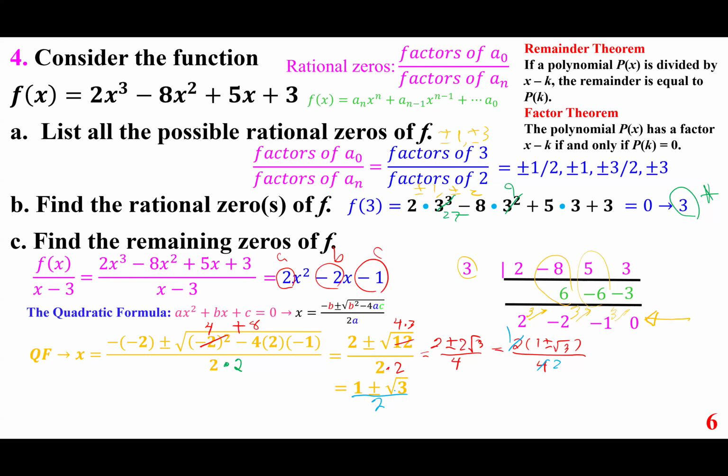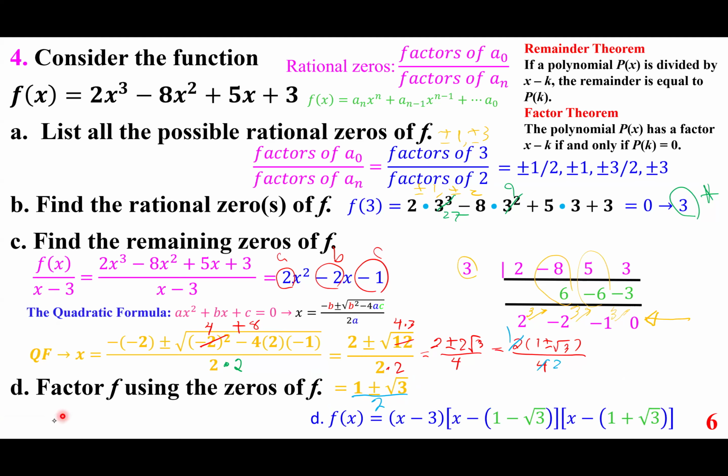So factor f using the zeros of f. Okay, so we know one of them is 3, so one factor is x minus 3. One of them is 1 plus square root of 3 divided by 2. One of them is 1 minus square root of 3 divided by 2. We write them in this fashion.